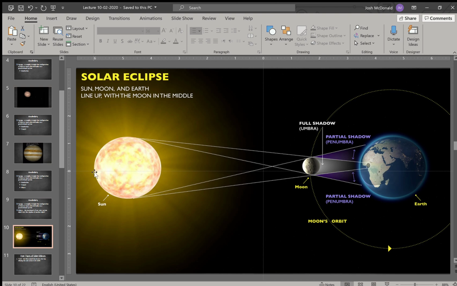So imagine, see this line here, imagine that's the orbital plane. It's not going to be like this, that wouldn't be 5 degrees, but it's tilted slightly, and so you're not going to see a full solar eclipse all the time. That is a little more rare, and I'll show you some maps as to how that happens shortly.